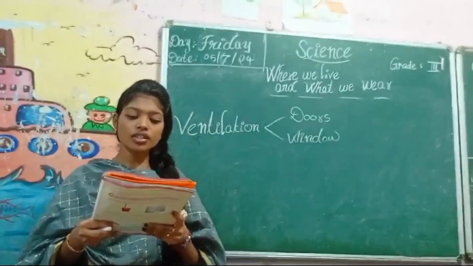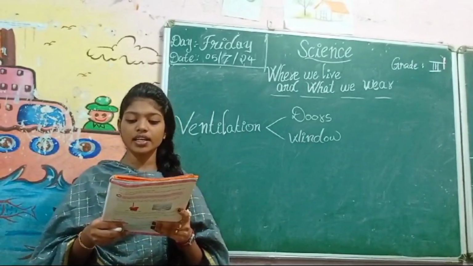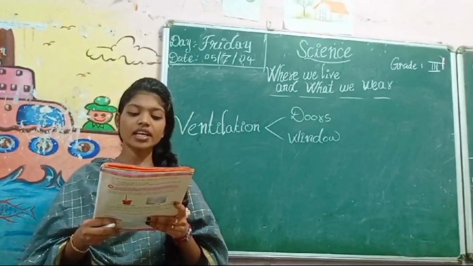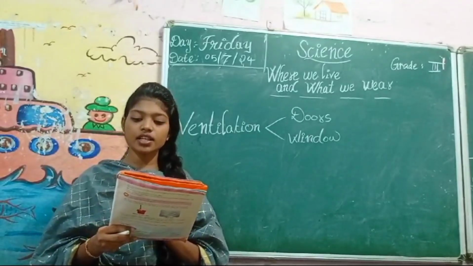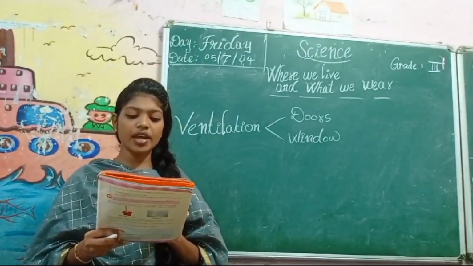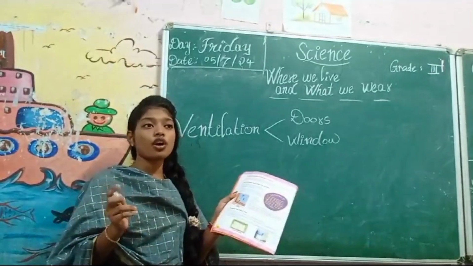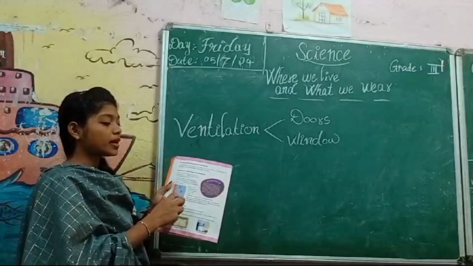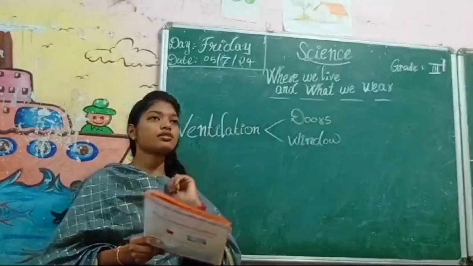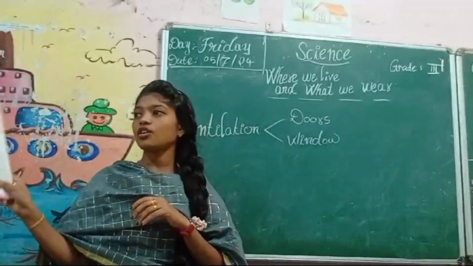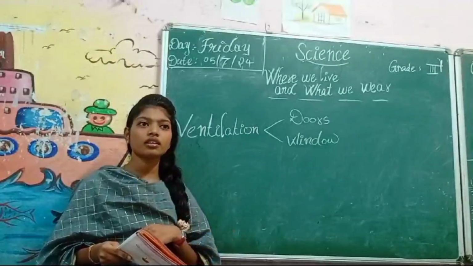Then, doors and windows should have proper wire nettings. Wire nettings allow fresh air and sunlight into the house and keep away flies and mosquitoes. Already shown in your textbook like nets. Some houses also have them, in our classroom also. Some windows are covered with nets.